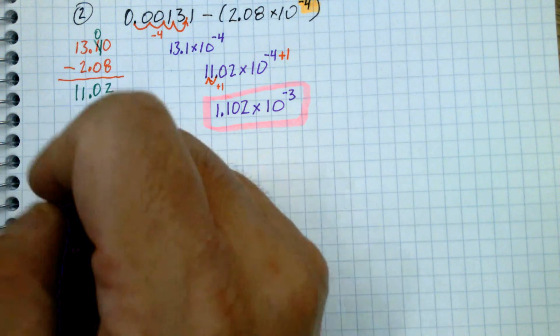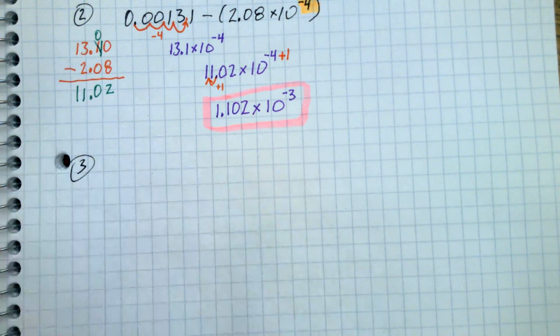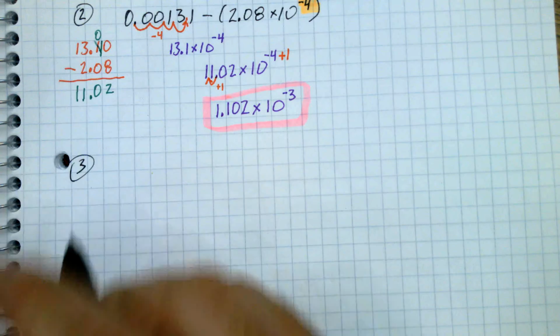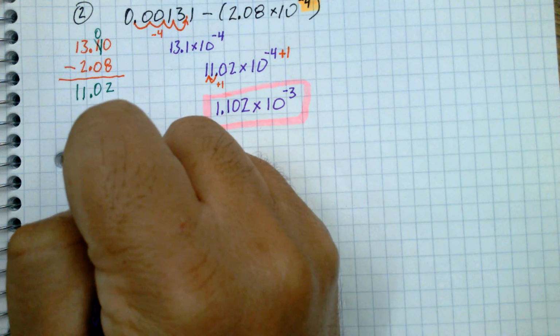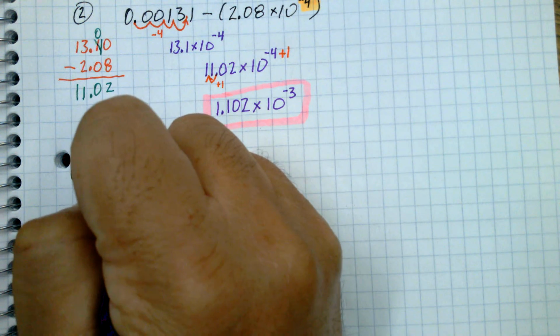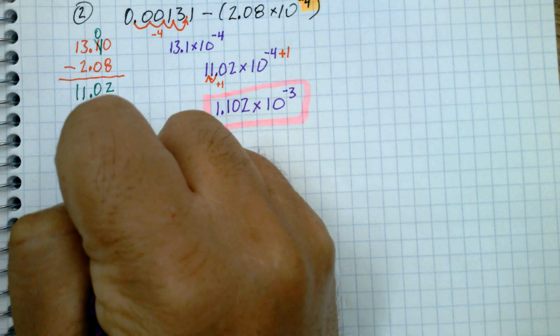Okay, number 3. This will be a word problem. So, has anyone ever been to Virginia, the state of Virginia? No, I have. It's pretty nice.